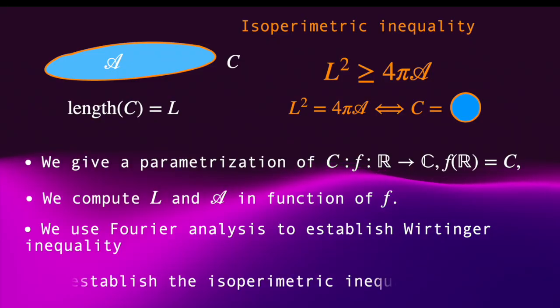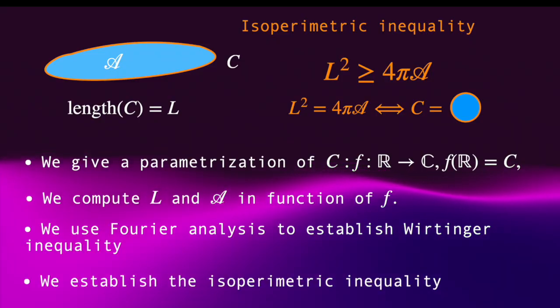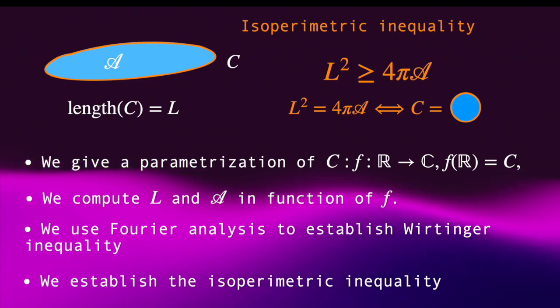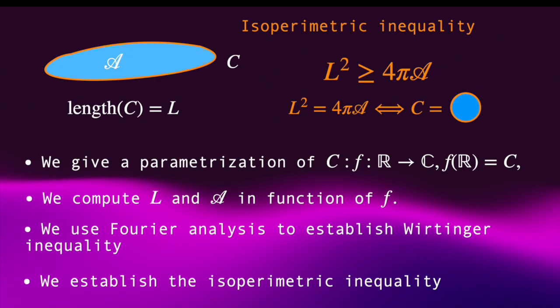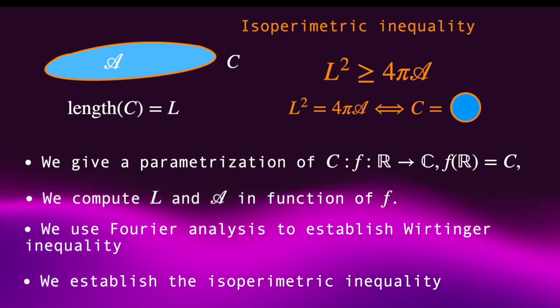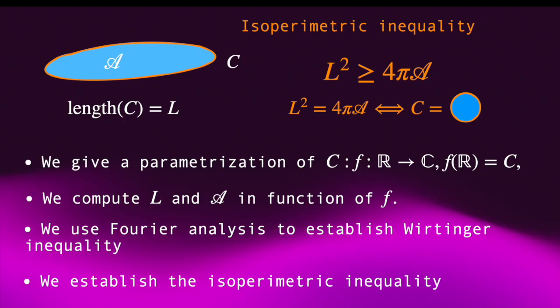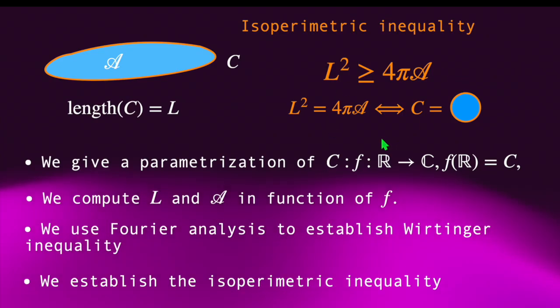And finally, we establish the isoperimetric inequality. So if you stick around until the end, you will know Wirtinger's inequality and how Fourier analysis can be used to establish this result.